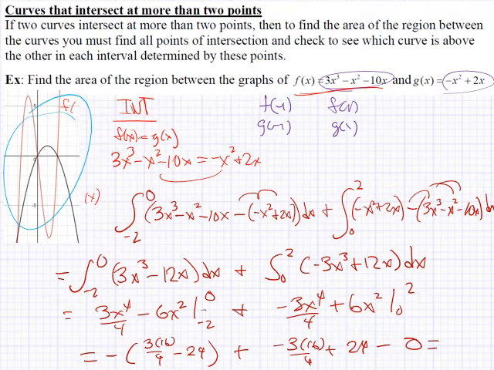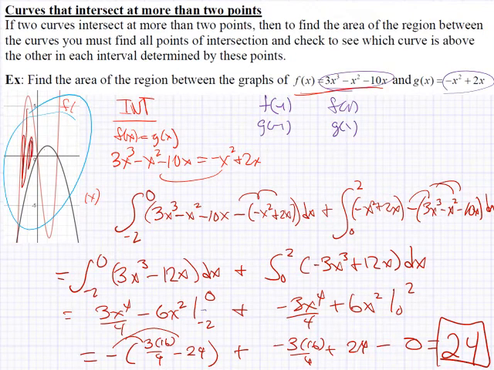So a little bit more work here. This negative distributes in here. So you have a negative, positive, positive, and in the end we get 24. And so the combination of this area plus this area would be a sum total of 24.